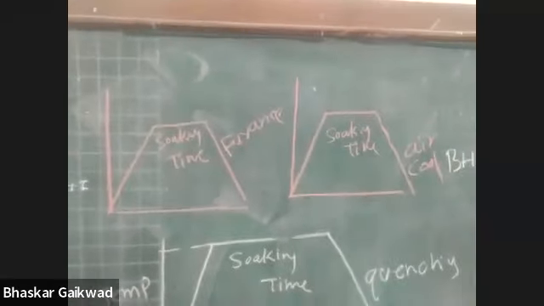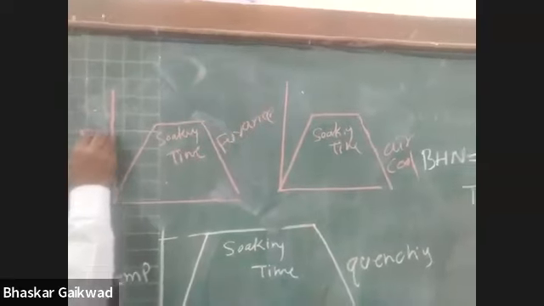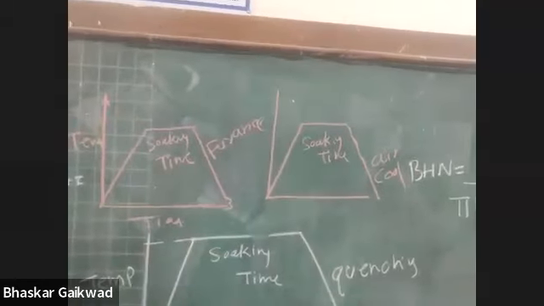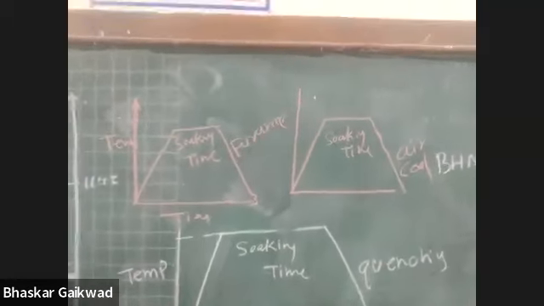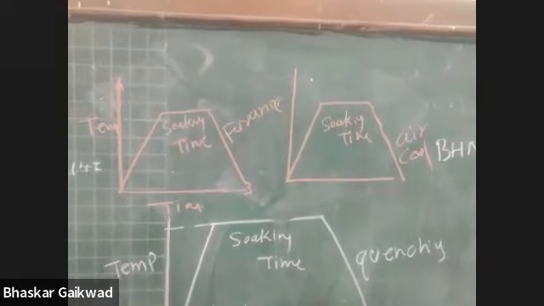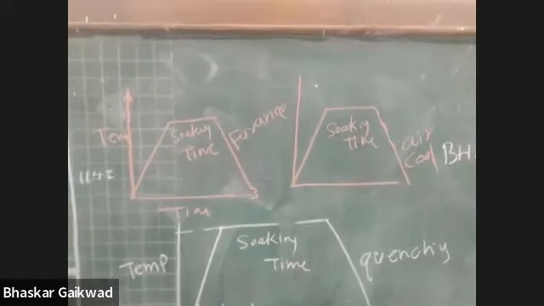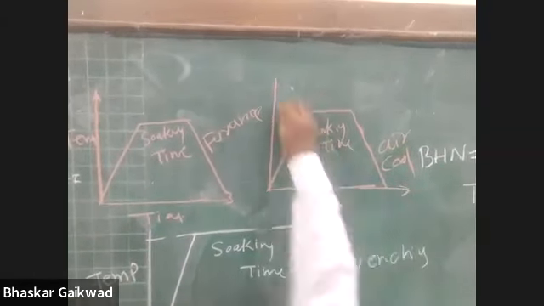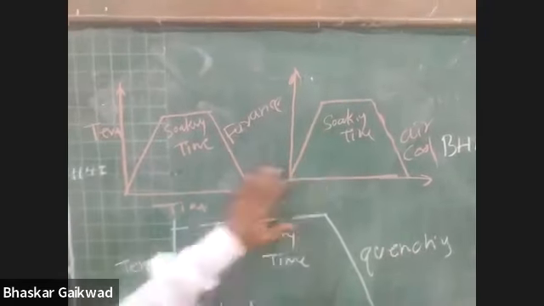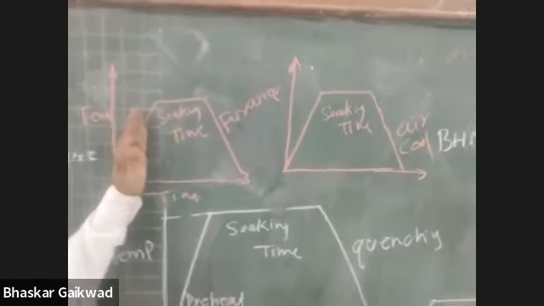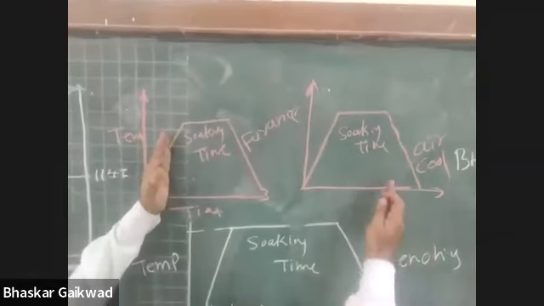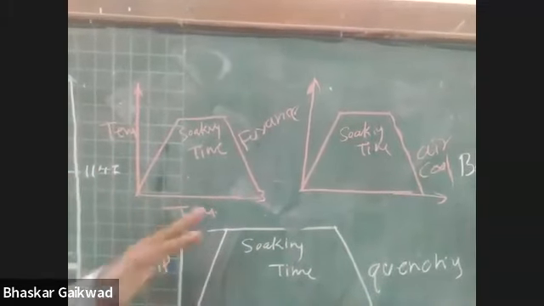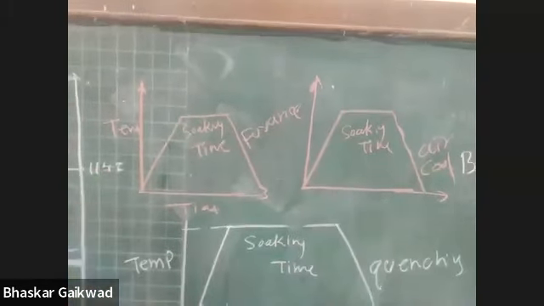This is the temperature and this is your time. Now you tell me which is the normalizing figure and which is the annealing figure by saying right or left. Out of these two figures, this is the left hand side of me, this is the right hand. So you tell me which hand figure is normalizing and which hand figure is annealing.